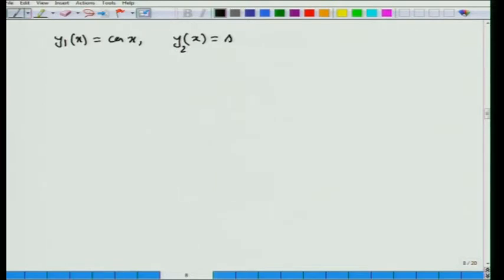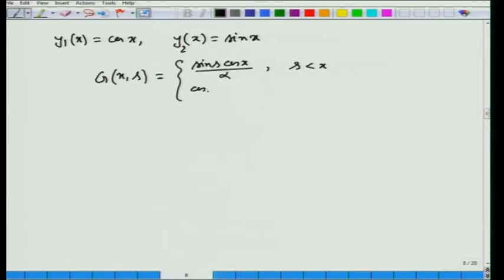So, therefore, we can denote cos x as y1(x) and sin x as y2(x), and therefore this Green's function g(x, s) will be sin s cos x divided by alpha, this is for s less than x, and cos s sin x divided by alpha, this is for x less than s.